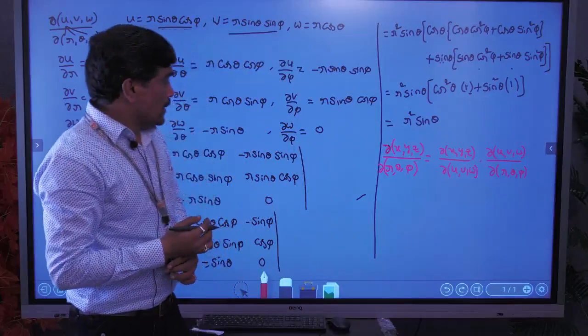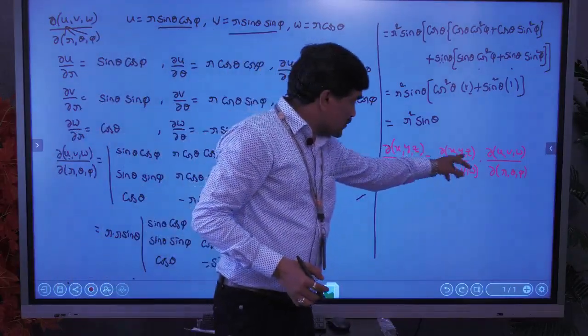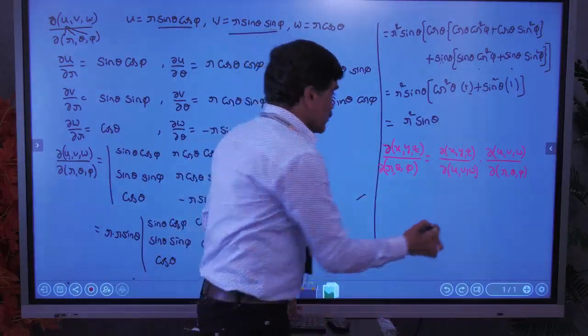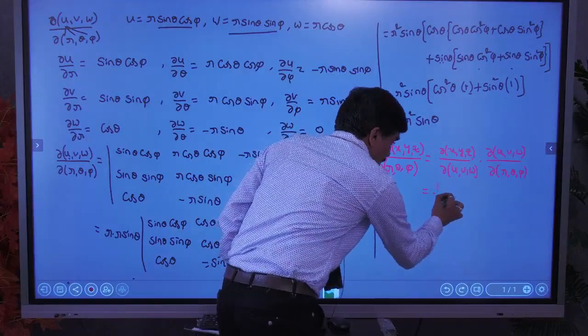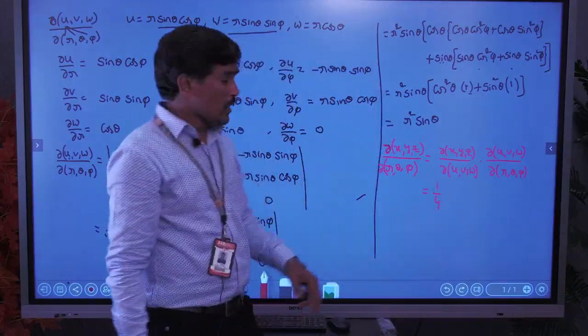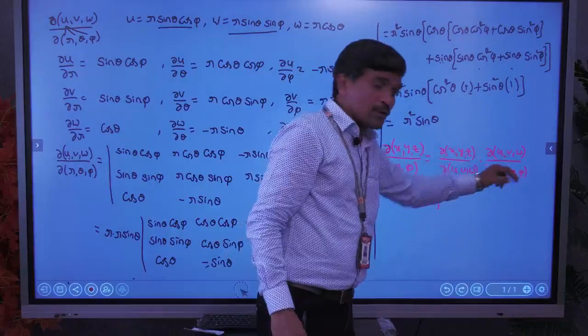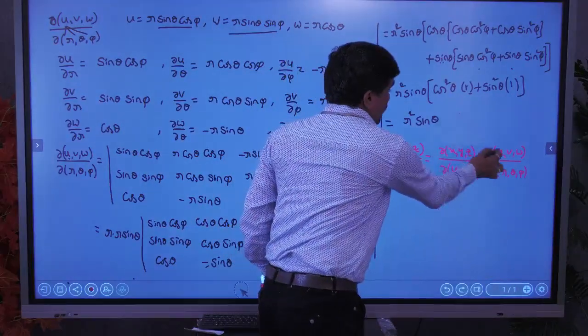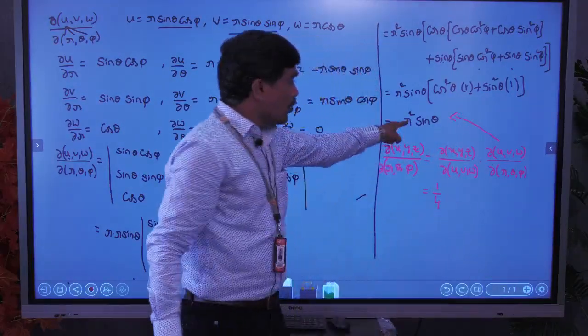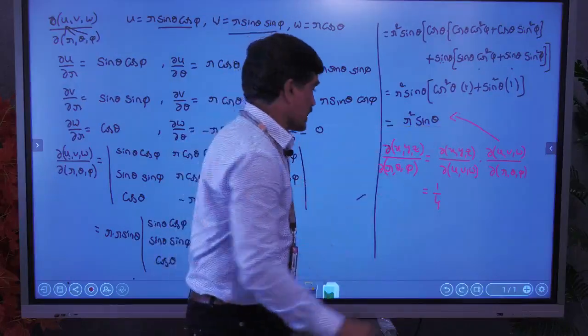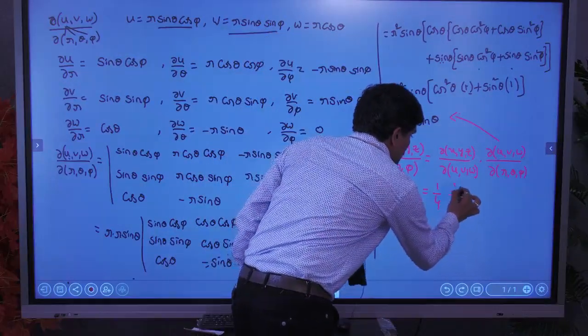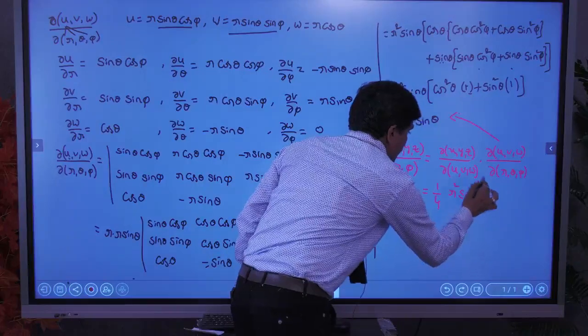Already we calculated dou xyz by dou UVW, and the value is clearly 1 by 4. Now dou UVW by dou r theta phi is r square sin theta.